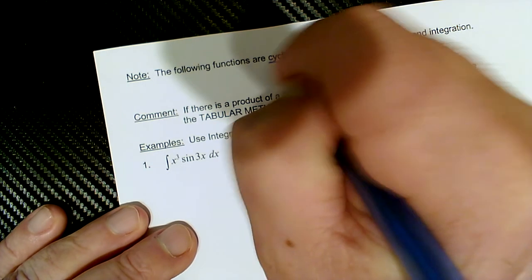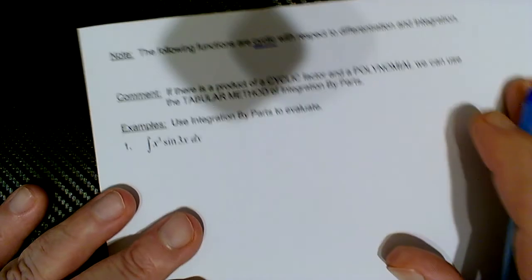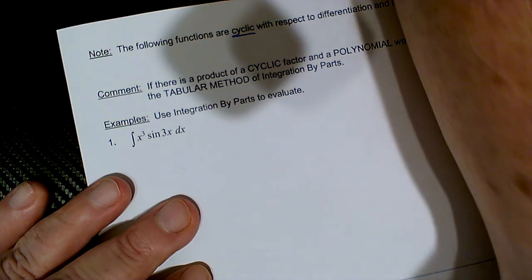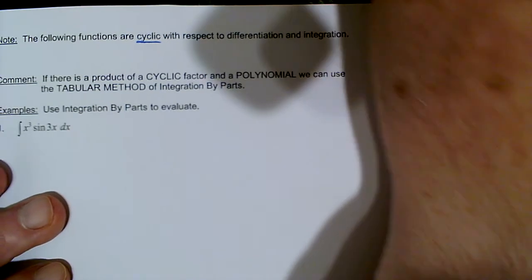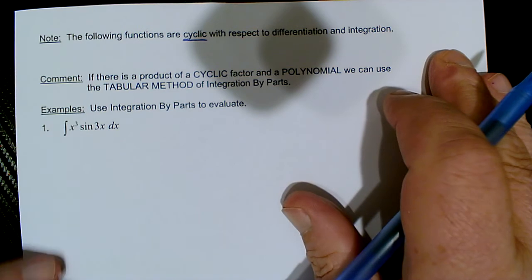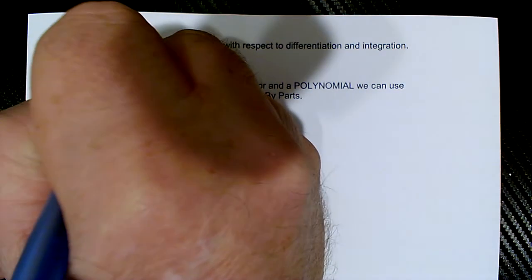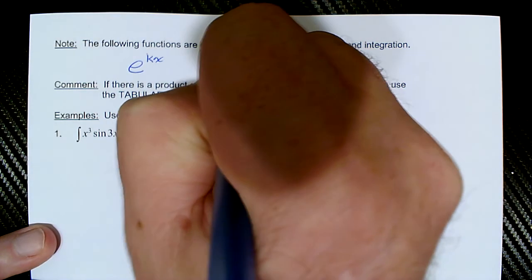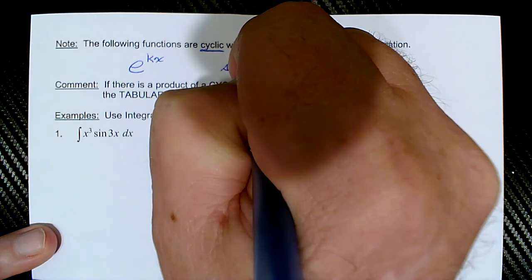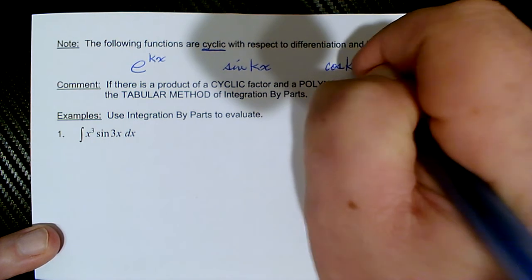You could say cyclic with respect to differentiation and integration. And the three factors that are cyclic are e to the kx, sine of kx and cosine of kx.